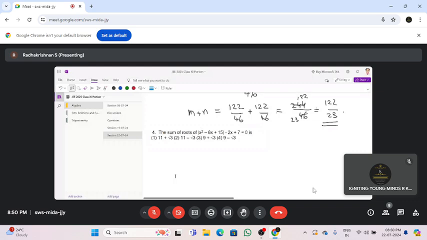The sum of roots of an expression is there. It's a quadratic and modular: mod of x square minus 8x plus 15, minus 2x plus 7 equal to 0. So what is the sum of roots of this expression? There are 4 options, but forget about the options. You have to just solve that equation.